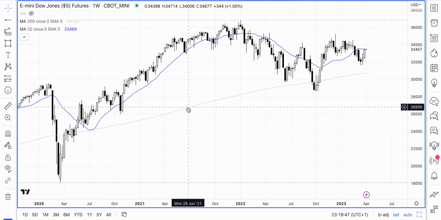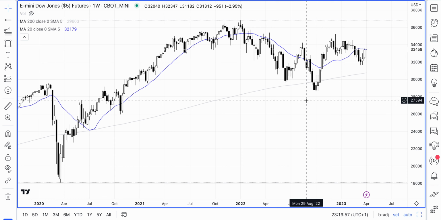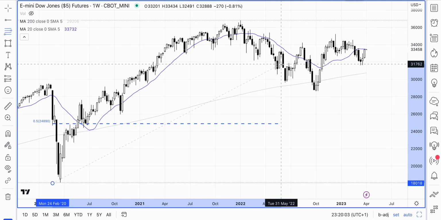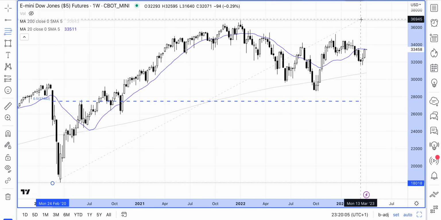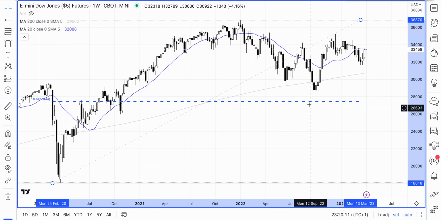So this index, compared to certain other indices like the Russell 2000 small cap index, and even the Qs, the NQ 100, Nasdaq 100, looks much stronger, because look at the retracement. The retracement has been off the lows of March 2020, and it has not even been 50%, so it's between 38.2% and 50%.